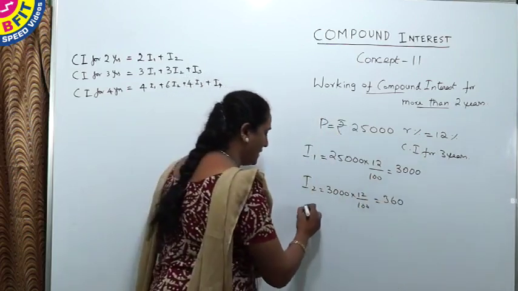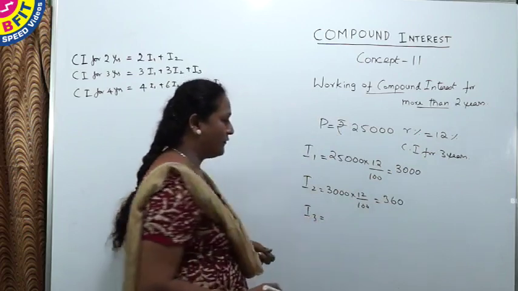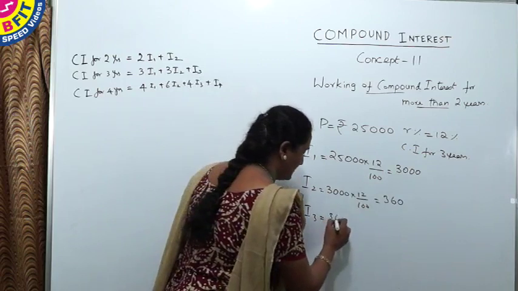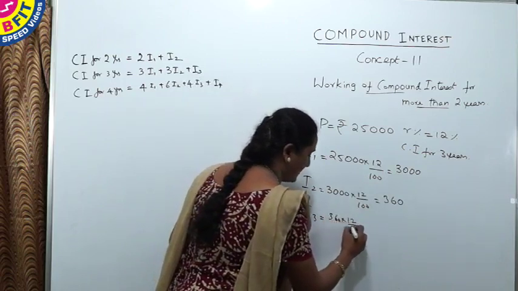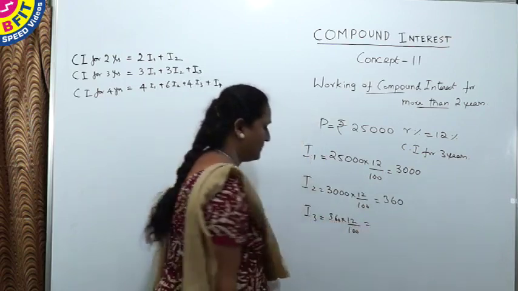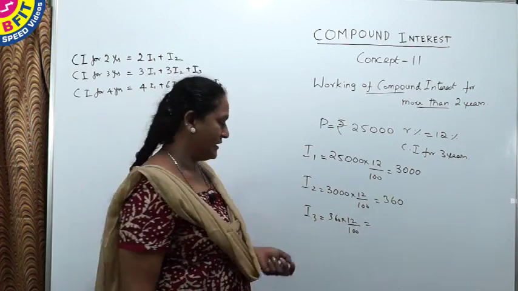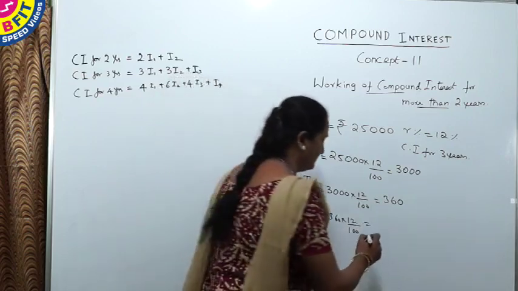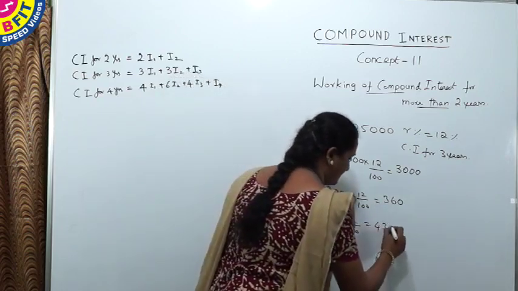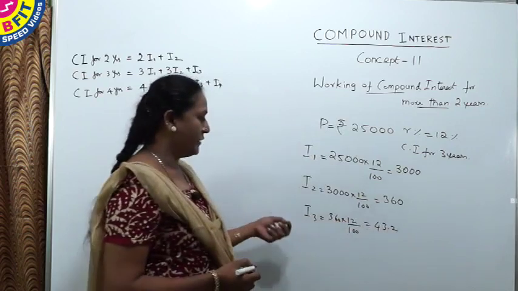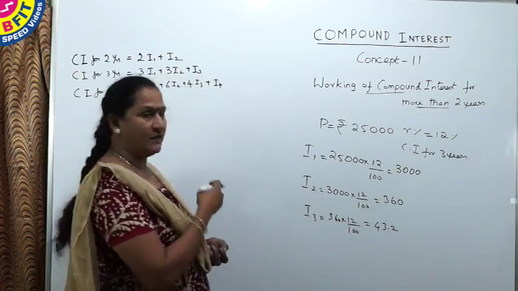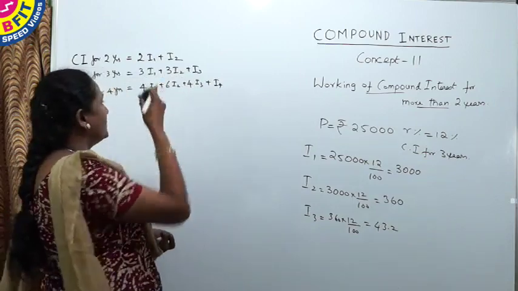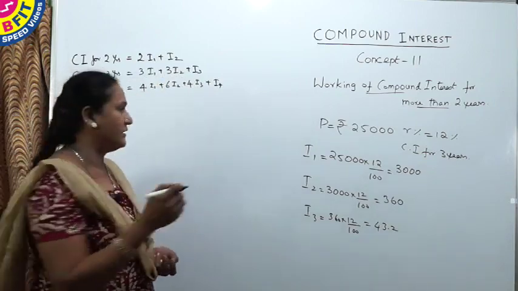And then find I3 also, which will be 12% of 360. By finding 1%, 3.6 into 12, 43.2 is I3. So now you can easily calculate the compound interest for 3 years by using this 3I1, 3I2 and I3.